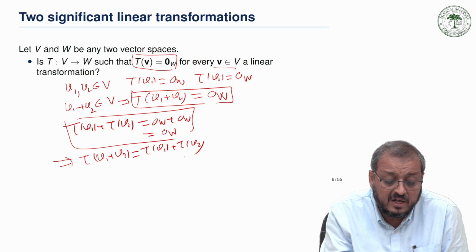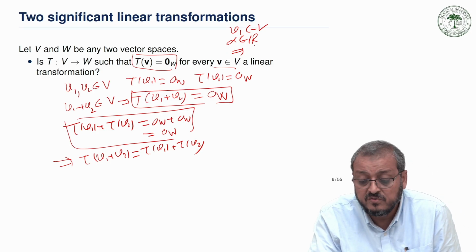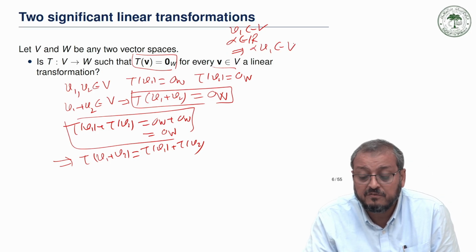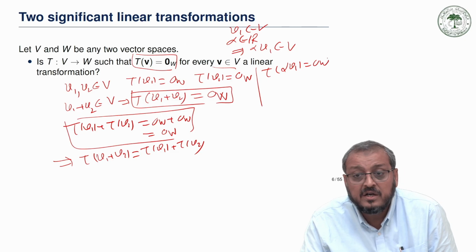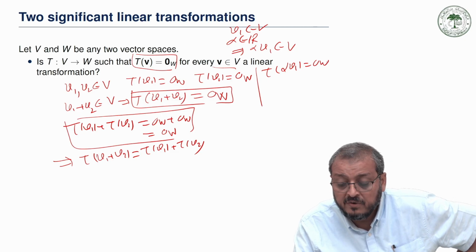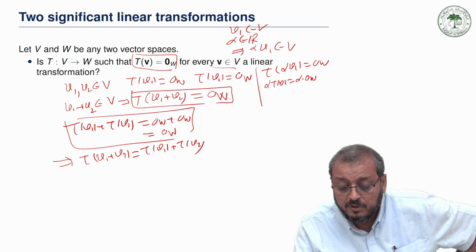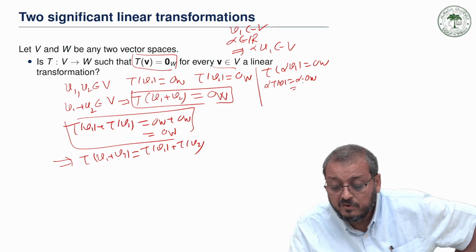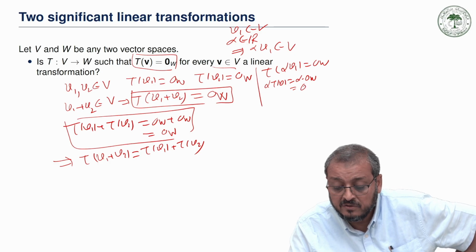Now we also have V1 an element of V and alpha an element of R. Because V is a vector space, alpha V1 is also an element of V. Again by the definition, T of alpha V1 is equal to the additive identity of W. We calculate T of alpha V, which is alpha times 0 of W. By the property of a vector space, alpha times the identity element is again the identity element.